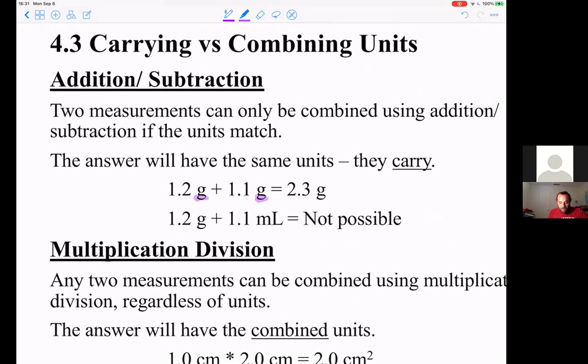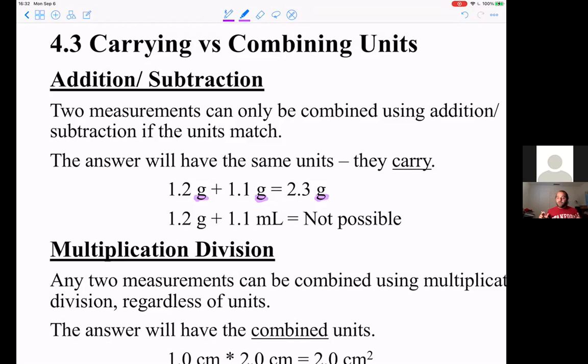So 1.1 grams plus 1.2 grams plus 1.1 grams, my final answer is going to be just 3.4 grams. My units are going to carry. Grams plus grams equals grams. Grams minus grams equals grams. Same thing with any unit that we would be talking about. A meter plus a meter is going to give me an answer in meters.